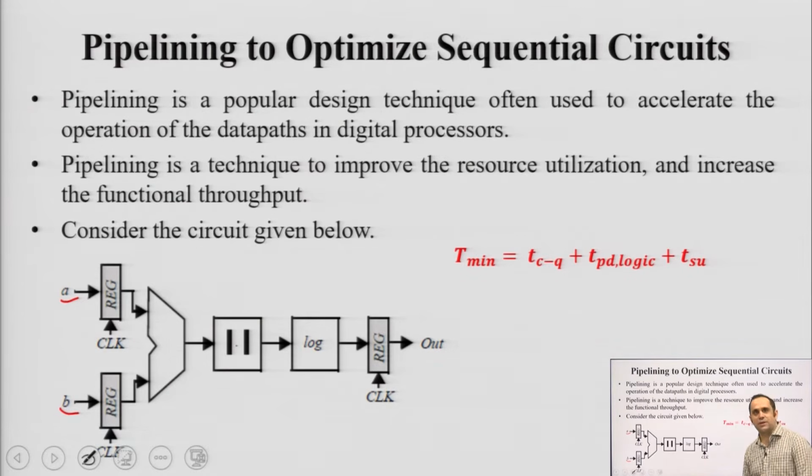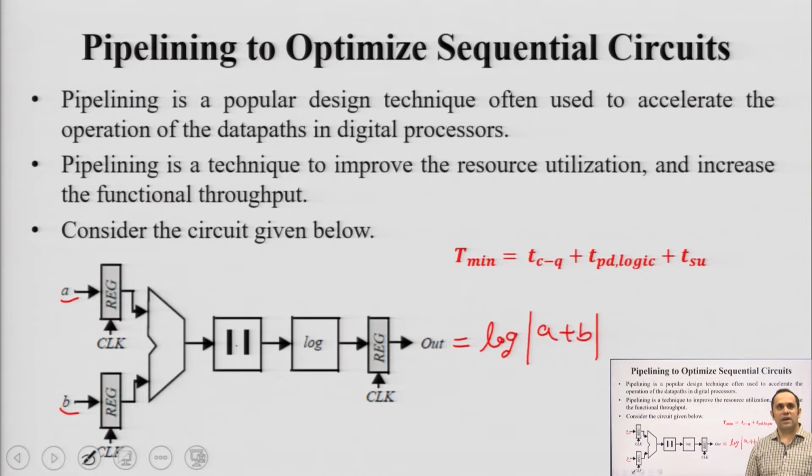So, this circuit calculates the log of the absolute value of A plus B. Obviously, you can't get the log of a negative value, so you need the absolute value. This circuit is calculating the logarithm of the absolute value of two added numbers.